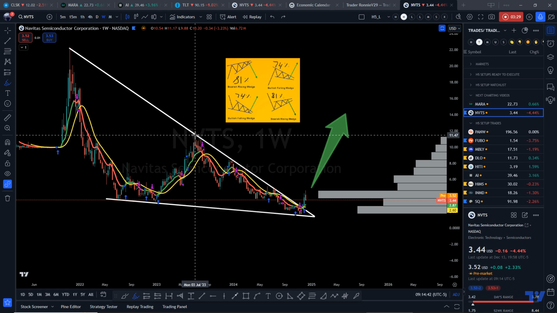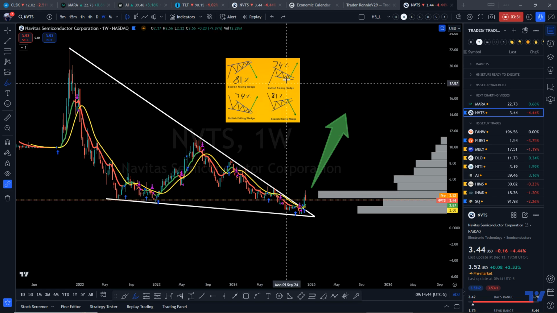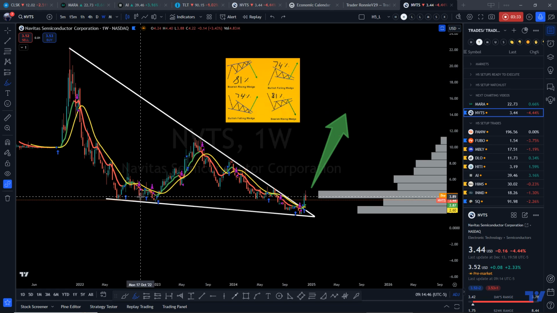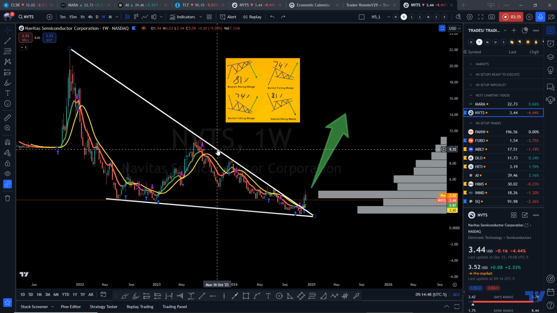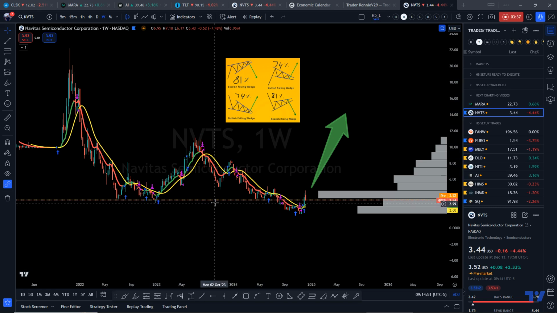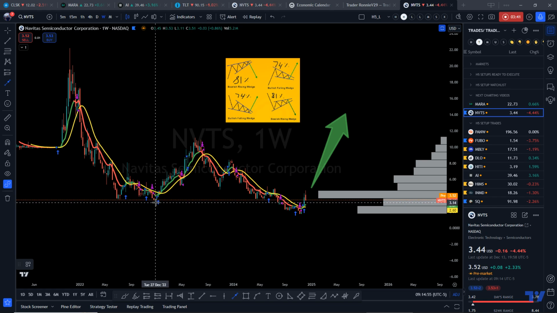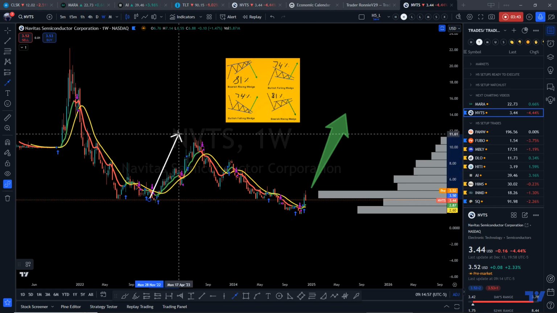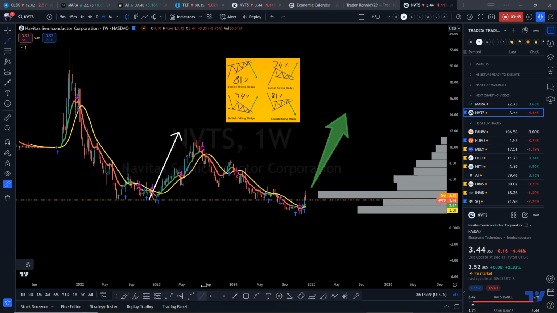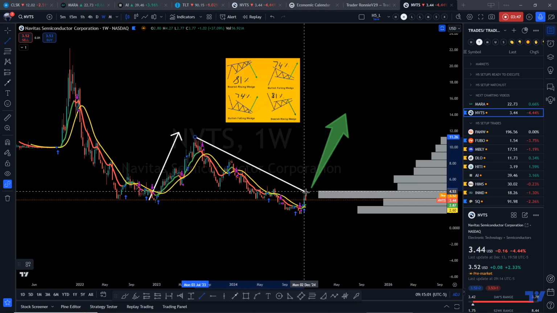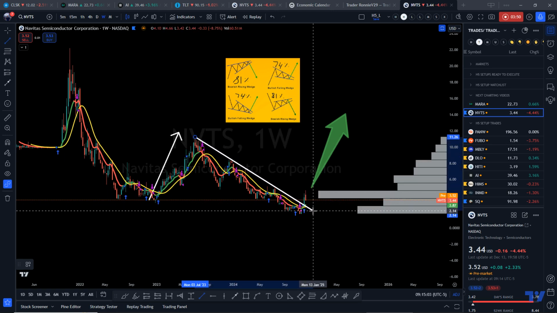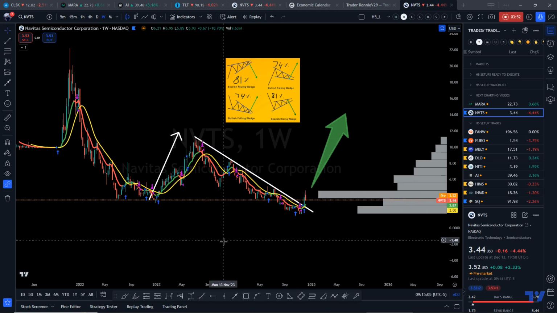Now I want to point out what a bullish falling wedge but in an uptrend would look like. So if we just take out these lines, we could see it clear. From 2022, we have this uptrend, and then we have this falling wedge pattern, as you could see with the line.